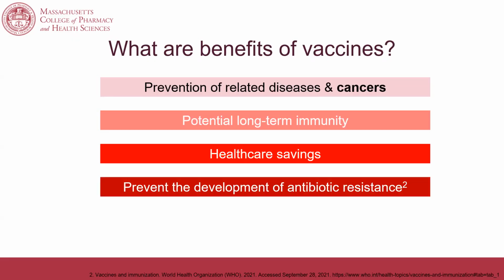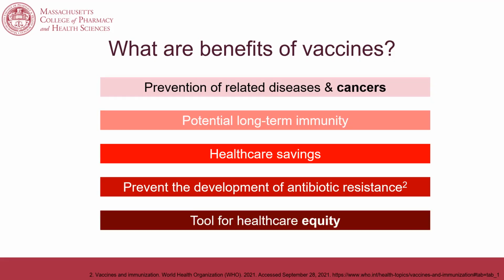And to think about it, if vaccines can prevent infections and diseases, especially for bacterial diseases, well, they can also prevent the development of antibiotic resistance, right? If you're not getting infected, well, you don't need antibiotics to treat that infection. And so vaccines can really help with this too. And lastly, vaccines are certainly a tool for healthcare equity.